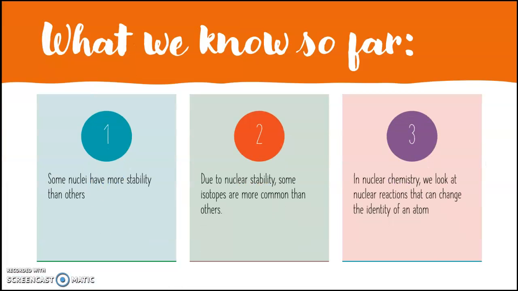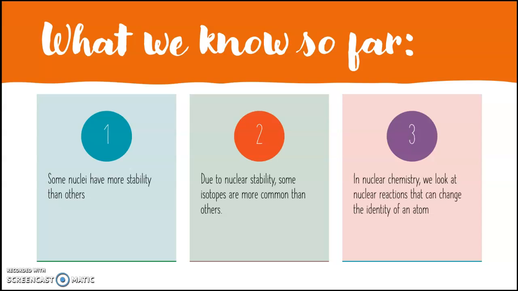So what do we know so far? We know that some nuclei have more stability than others due to the isotope, and we know that some isotopes are more common than others. We also know that in nuclear chemistry, we can change the identity of an atom through nuclear reactions.